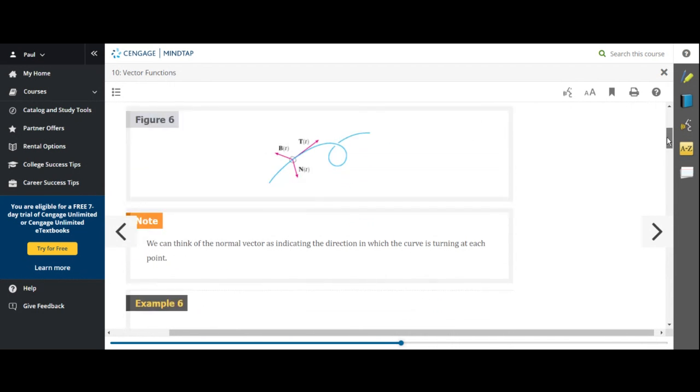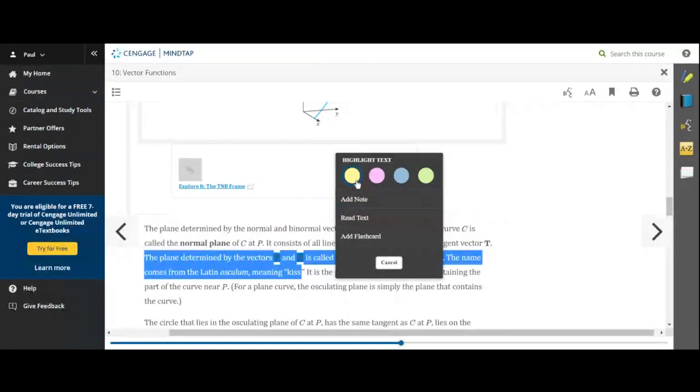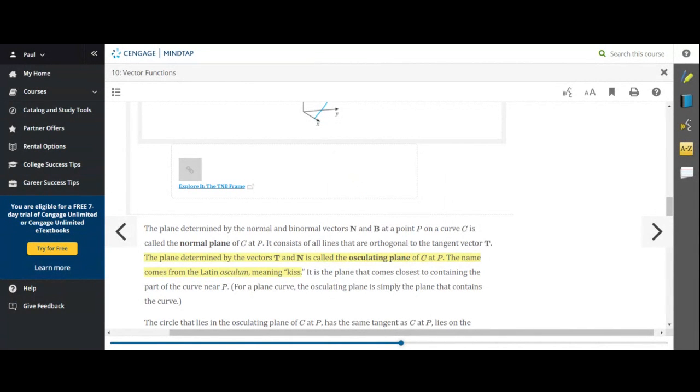And they mention this here. The plane determined by the unit tangent and unit normal vectors is the osculating plane. It comes from the Latin word osculum, meaning kiss.